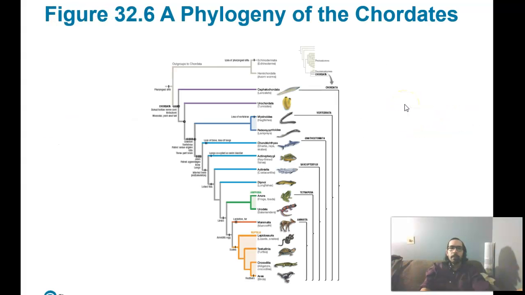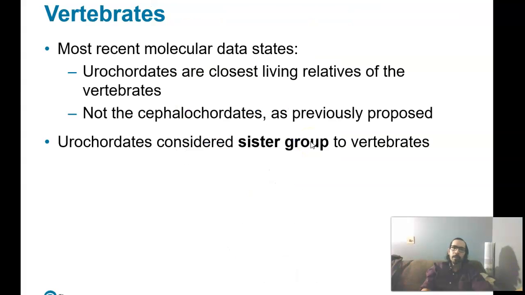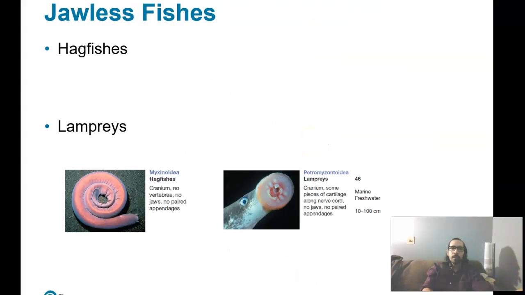So also when you look at this tree from vertebrates, the first couple of lineages that you see up here are the hagfishes and also the lampreys. So these are jawless fishes, okay, because they have no jaws. The hagfishes, these can be scavengers or predatory.